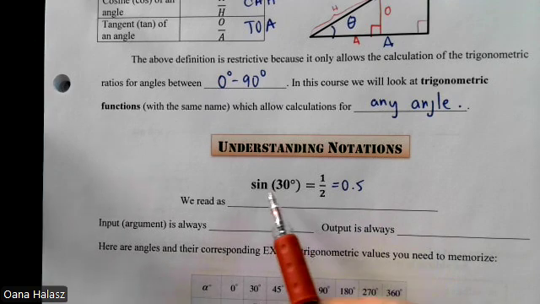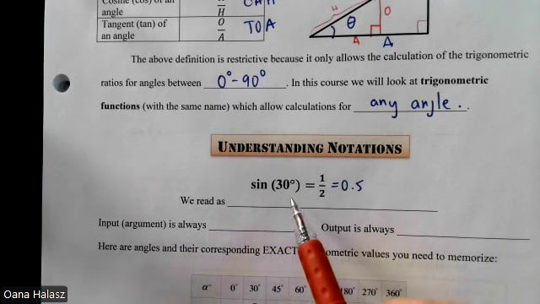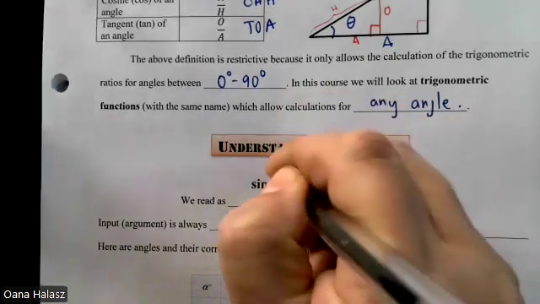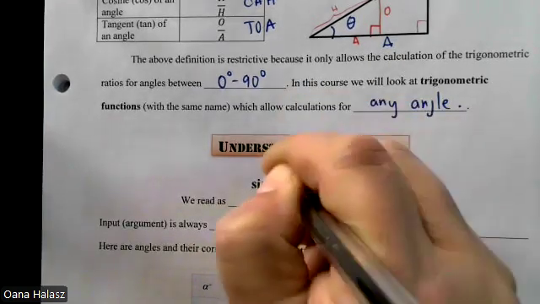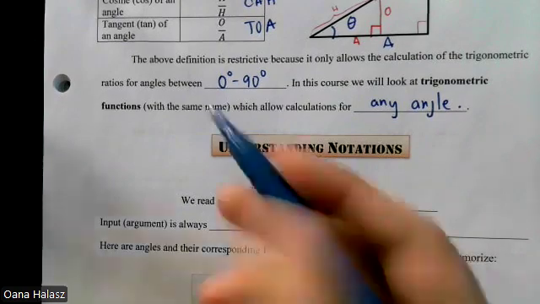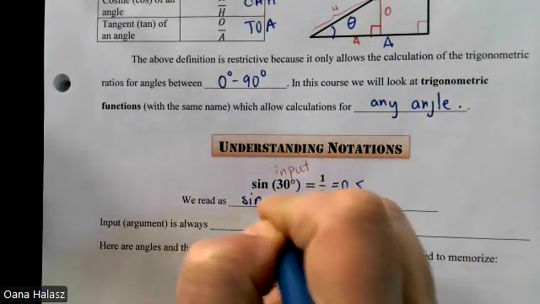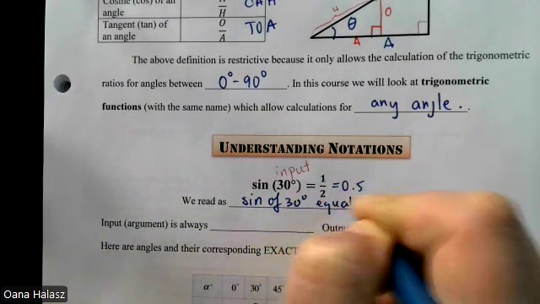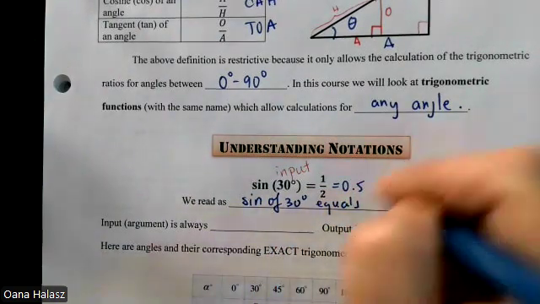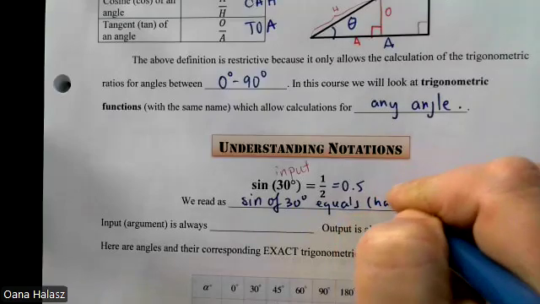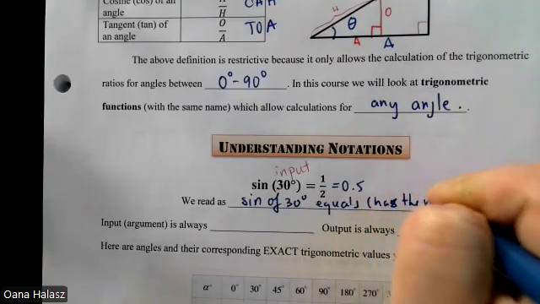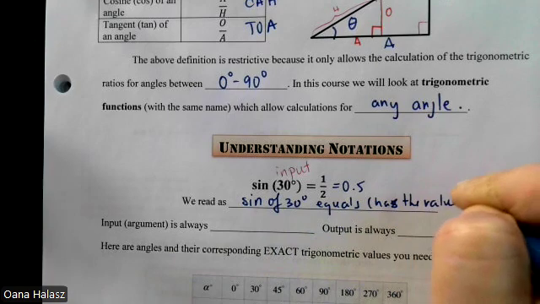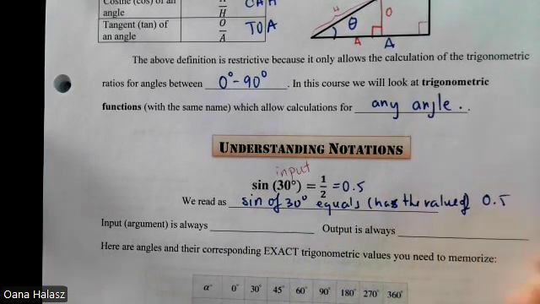So we say sine of 30 degrees, this is my input. We say sine of 30 degrees equals, or has the value of, 0.5.